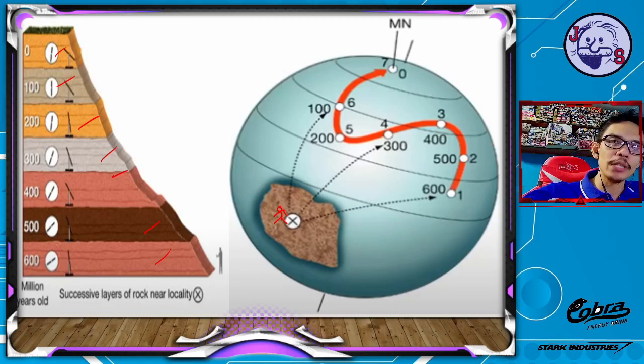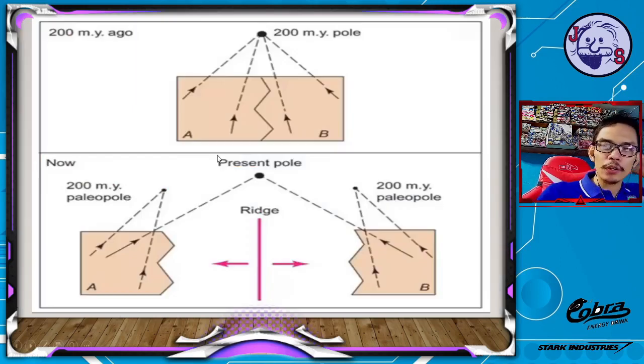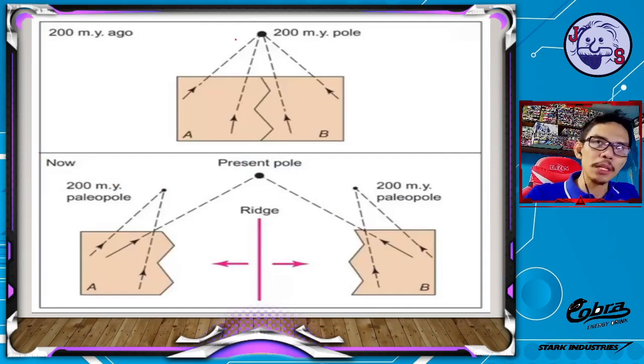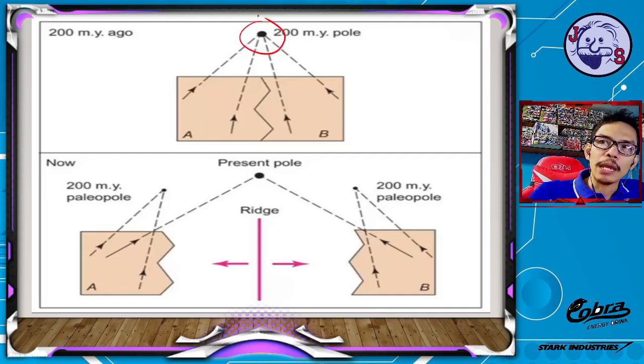Now, this is a very good evidence that supports that continents move from one place to another. Next, a simple discussion about this apparent polar wandering. 200 million years ago, the magnetite found on rocks pointed to one common North Pole.